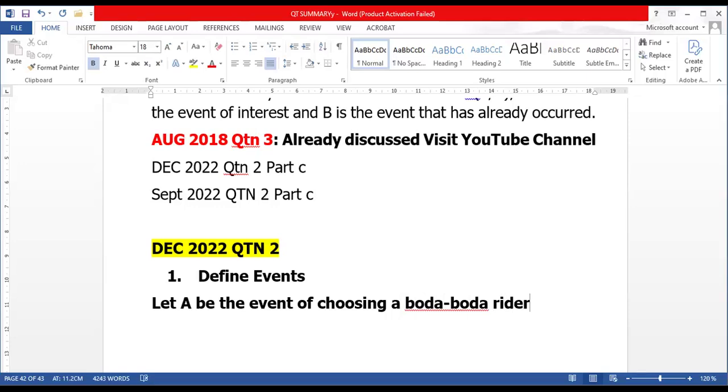That is your event. Because we are having 3: boda rider, car driver, and a truck driver.